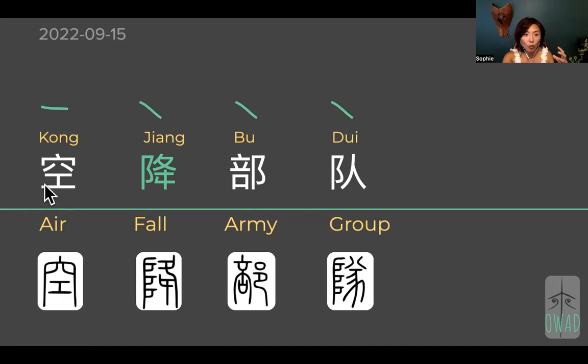And then the 工, the bottom, look at the shape. Oh my God. It's like the engineers back then at the beginning of the language creation, because this forms perpendicular, straight right angles, exact. This was indeed used as a tool to make sure you're going to get right angles.